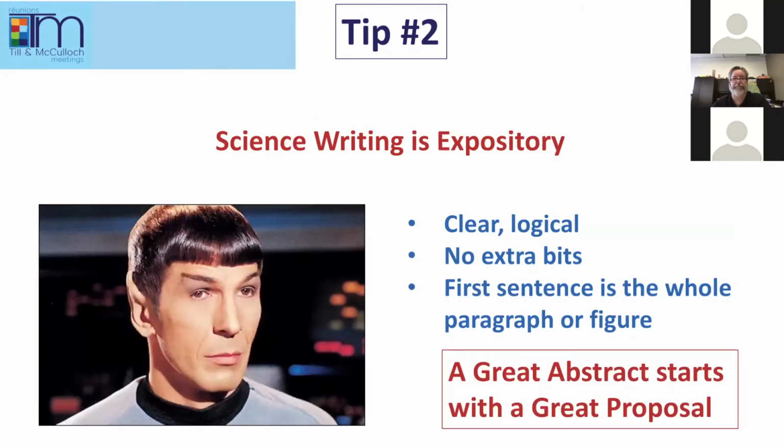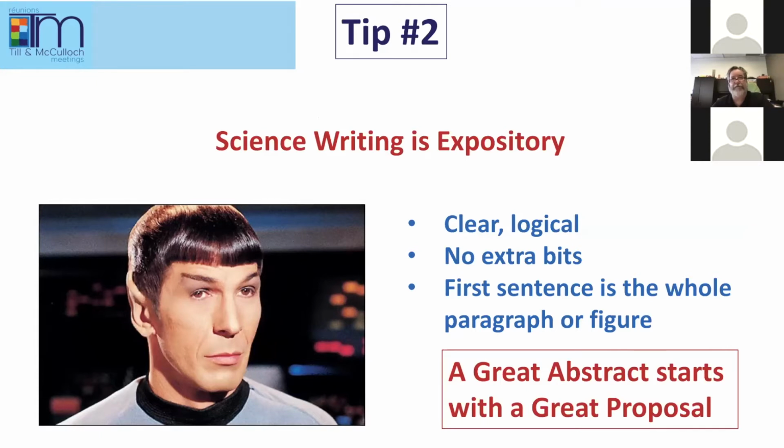The second tip, science writing is expository. So that's a fancy word. It just means there are no flowery bits to scientific writing. It's clear, it's logical, and it's very similar to what you might imagine journalistic writing for the papers might be.